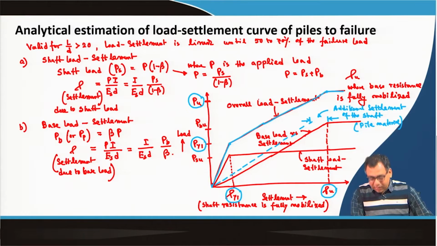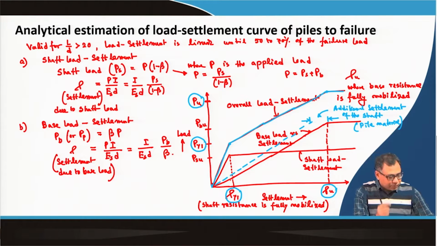So, the summation of these three components will give us the overall load settlement curve. As I mentioned, when the shaft resistance is fully mobilized, during that time also there will be some tip resistance or tip load, a small amount, but that tip load will not contribute to the compression of the pile material. So, when we calculate the compression of the pile material, we have to subtract that portion of the tip resistance from the overall tip load.